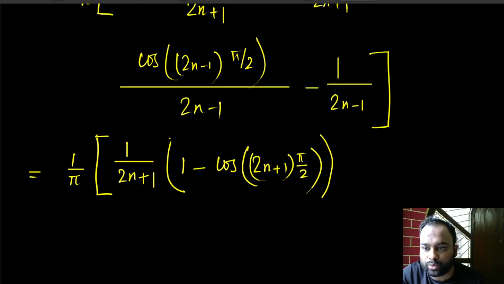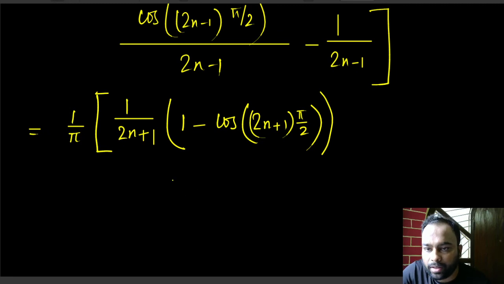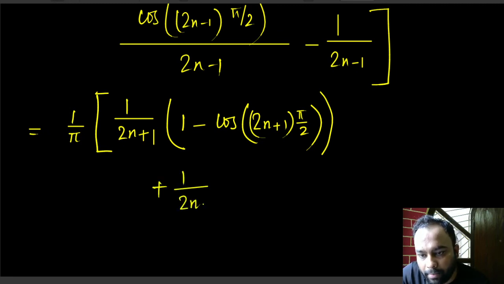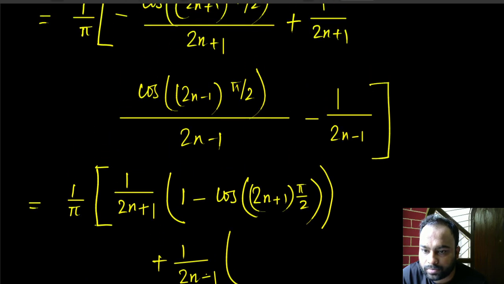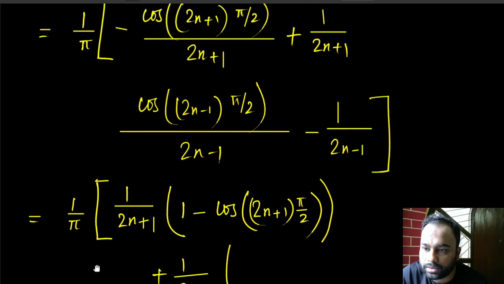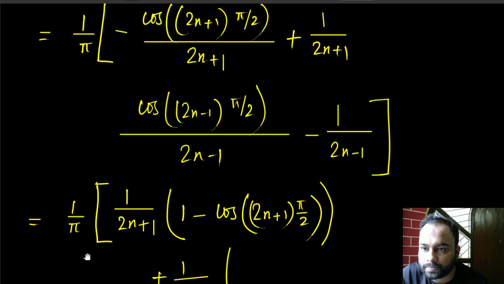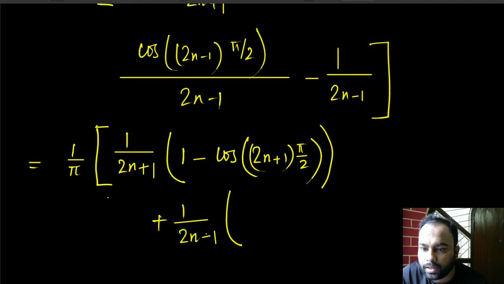And similarly for the next one, if I bring 1 over 2n minus 1 common, let's deal with it this way. Let's put a minus sign here.